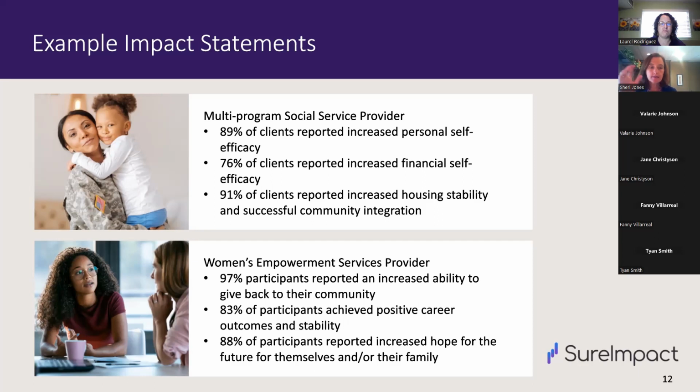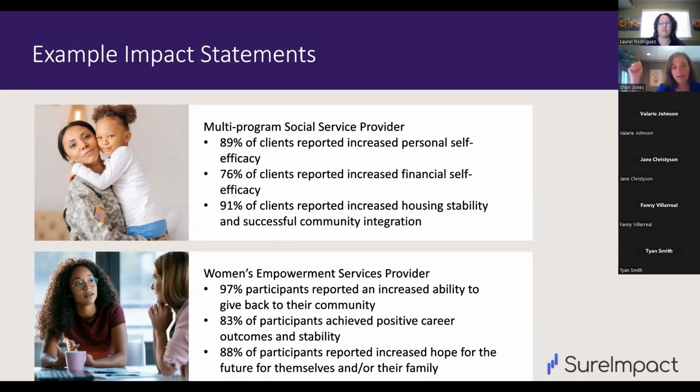So you can see that it's not 100%. And when they're looking at this particular data, they're saying, okay, we're hitting housing stability and community integration, great. Also personal self-efficacy, but financial self-efficacy, we need more work. We need more programming. We need to move our participants along on that.